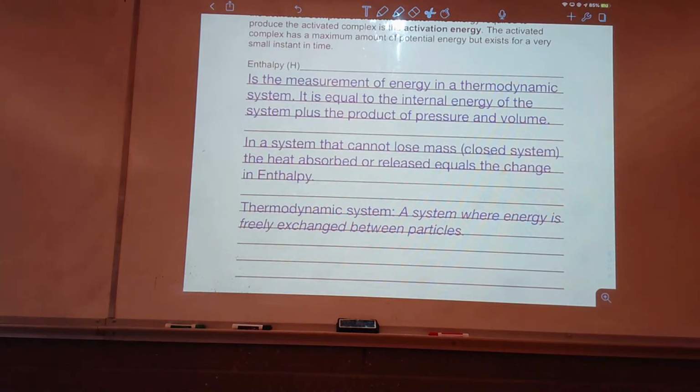For example, this coffee cup right now is a pretty good closed system. Any chemical reactions happening in here, we could probably treat as a closed system because energy is not really allowed to leave. The cup doesn't get that much hotter when you put hot water in. That paper cup over there is not super closed, right?